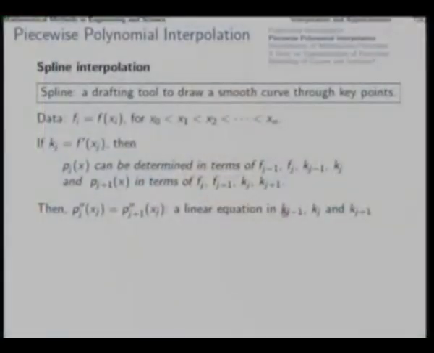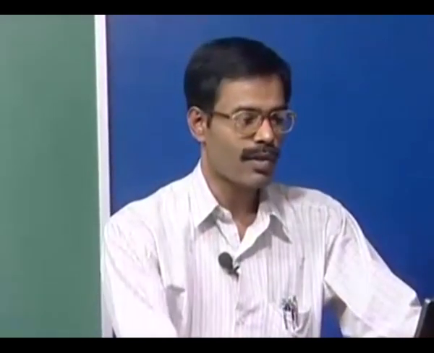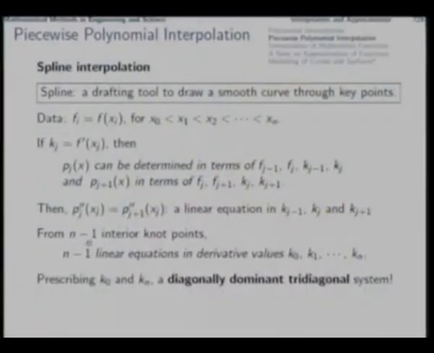Okay. So, we will get n minus 1 such junction points, and at that we will get n minus 1 such equations in k0 to kn plus 1, and this equation system will be a tri-diagonal system, and as it happens it gives us a tri-diagonal, diagonally dominant system of equations. So, from the n minus 1 interior junctions we will get n minus 1 linear equations in the derivative values.